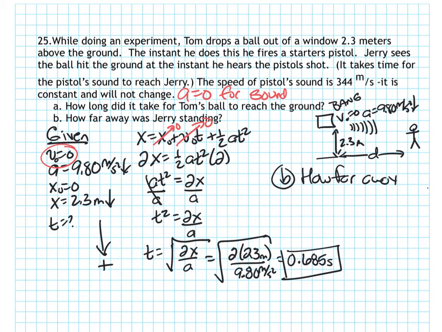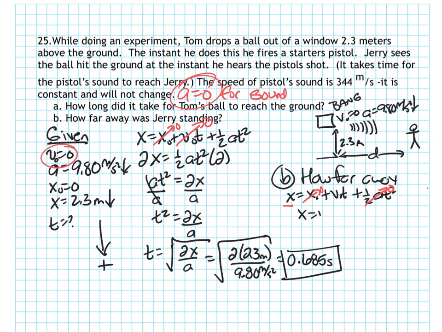So that's nice, because I'm going to use this time again. x is equal to x naught plus v naught t plus 1/2 a t squared. So x naught's going to be 0. I'm solving for x. v naught is going to be the 344 meters per second, and a this time is 0, and that's because of up here.